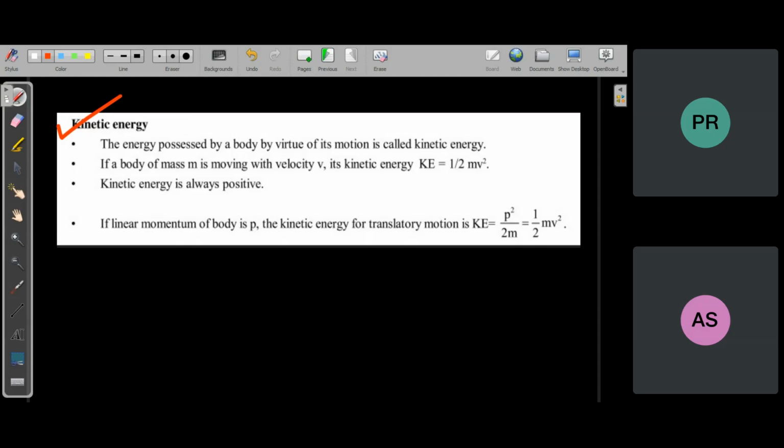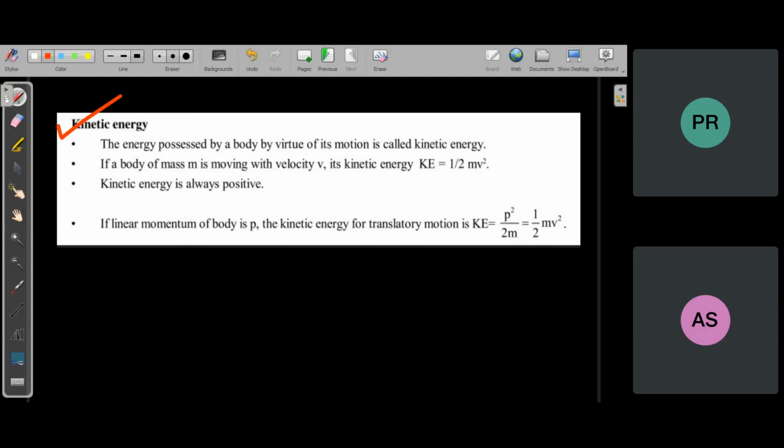The only situation in which kinetic energy will become zero is when there is no motion. But then you have to understand that motion is a frame dependent quantity. It depends on the frame of reference. That's why the same body can have different kinetic energy in different frames of reference, and it can have zero kinetic energy in some other frame of reference.